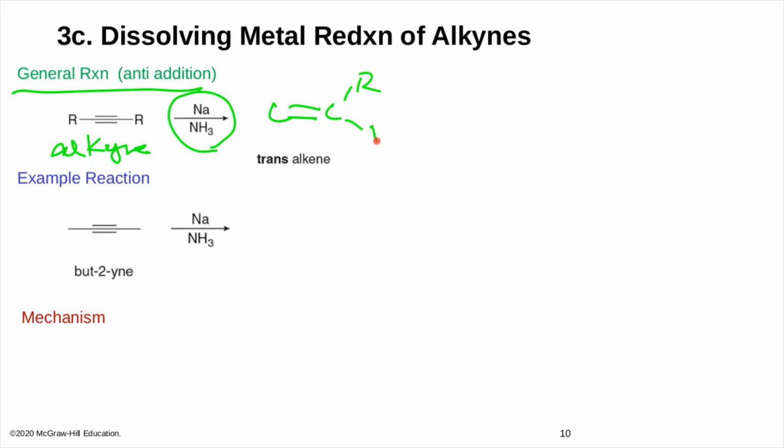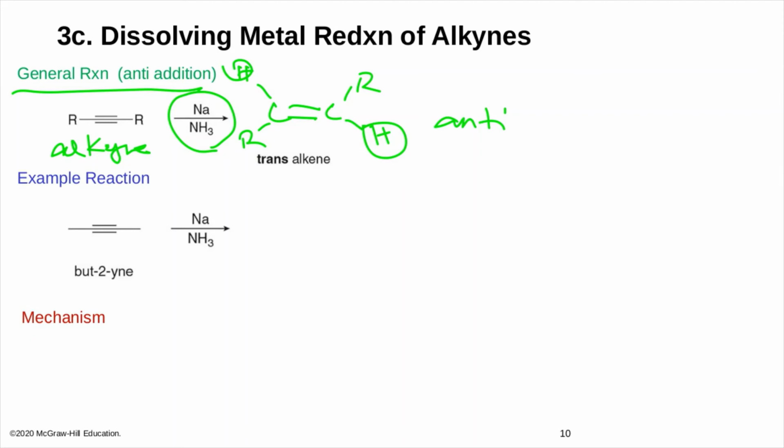The general reaction here is that if we take an alkyne and react it with sodium or lithium, my favorite, in liquid ammonia, we are going to get down to the trans alkene. The hydrogens on either side are going to add anti to one another. This is how we get trans alkenes from an internal alkyne.